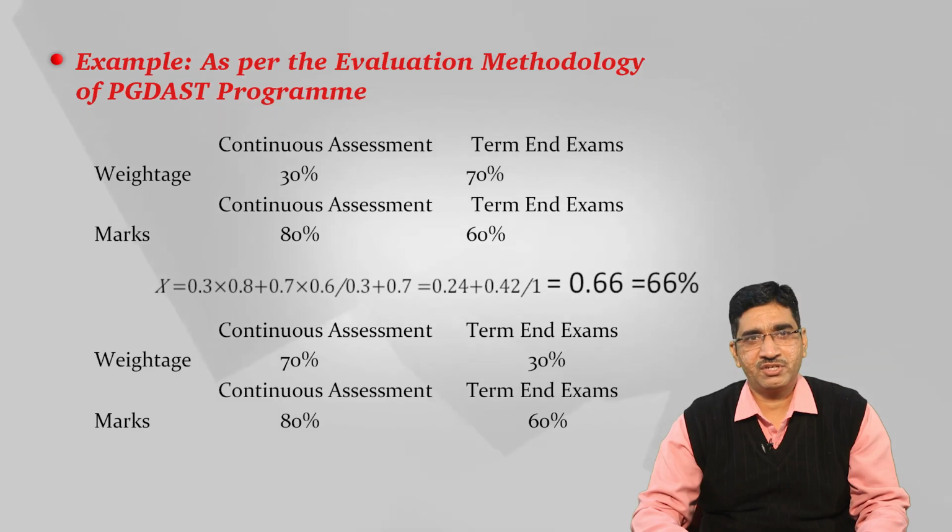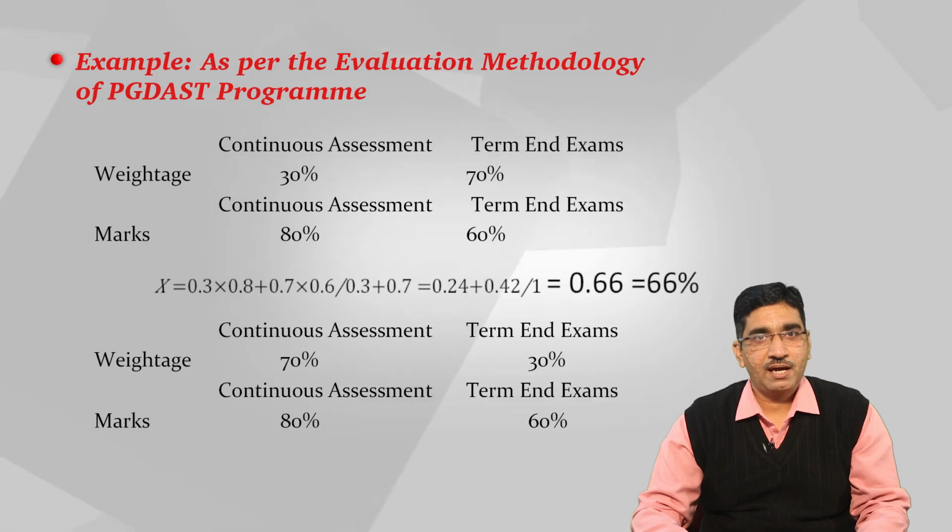If we calculate the average marks, it would be 66%. This is very near to the 60% he secured in the term end examination. Why? Because the weightage of the term end examination is 70%, more than the continuous assessment, even though he secured more marks, that is 80%, in the continuous assessment.